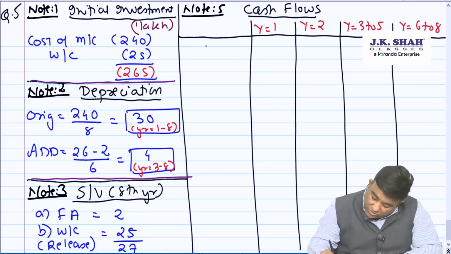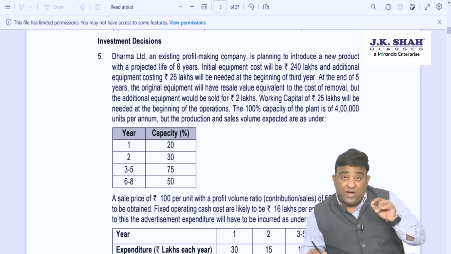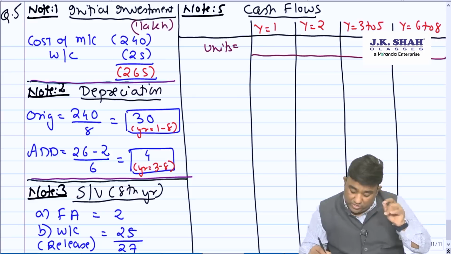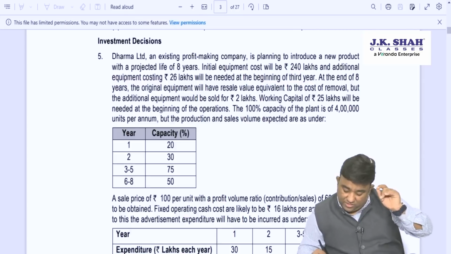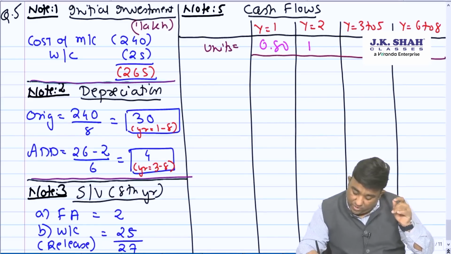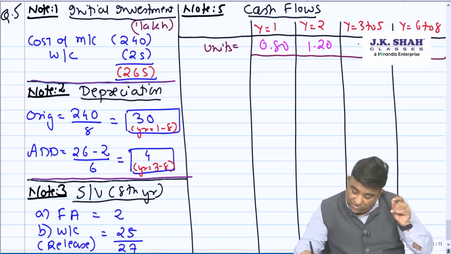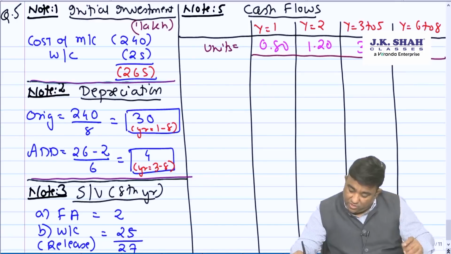Student, I need to start with units. And units are specifically given. 100% capacity is 4 lakh. First year is 20%, which is going to be 0.8. Thereafter it is 30%, which is going to be 1.2 lakh. Thereafter 75%, which is going to be 3 lakh. And thereafter it is again 50%, which is going to be 2 lakh.